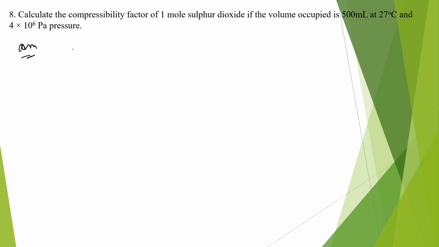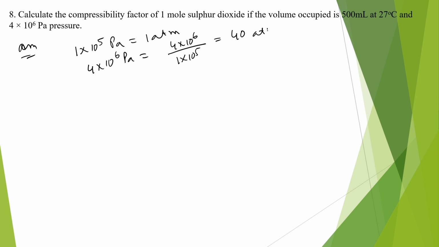So we know 1 into 10 to the 5 Pascal is 1 atmosphere roughly. So 4 into 10 to the 6 Pascal gives you 4 into 10 to the 6 by 1 times 10 to the 5. So it gives you 40 atmosphere.